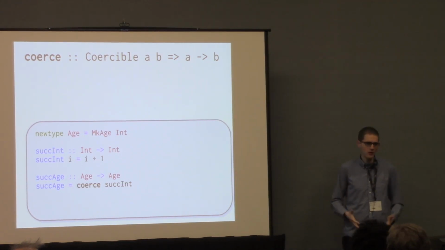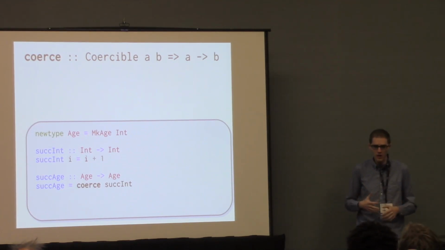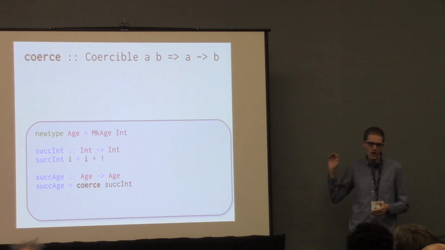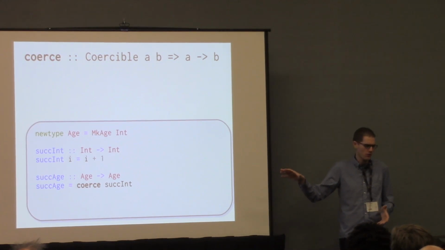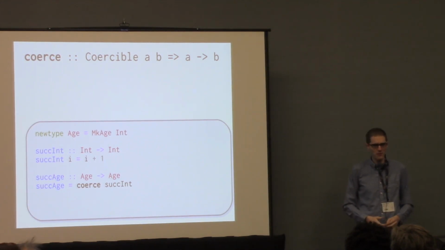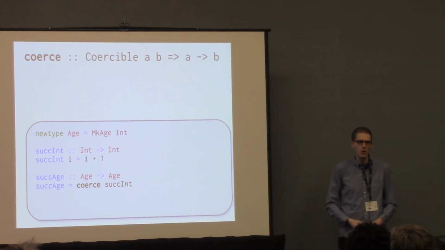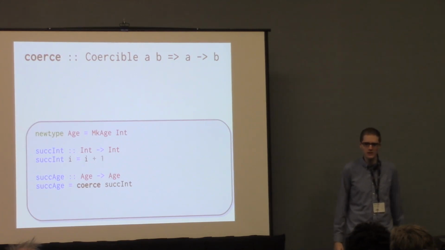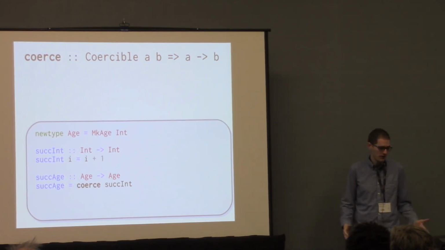But another thing that we've done, which is even nicer from DerivingVia's perspective, is that we no longer have to think carefully about where to put newtype constructors when we're implementing these things. And for successor of Age, it's not terribly difficult to figure this out, but you can imagine as you get into more complicated examples that this would be somewhat tedious to implement and automate. So coerce relieves us of that burden.